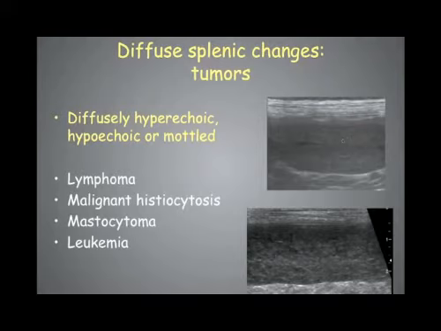This mottled pattern that we can see here means that the spleen is enlarged and shows multiple small hypoechoic areas throughout the parenchyma, or like we can see in this region as well. This is quite typical of a lymphoma, for example. But we can have other diffuse neoplasia that can affect the spleen, mostly malignant histiocytosis, mastocytoma, or leukemias.